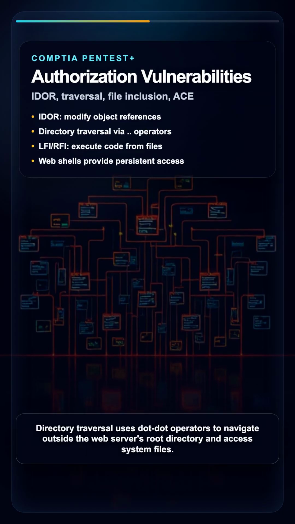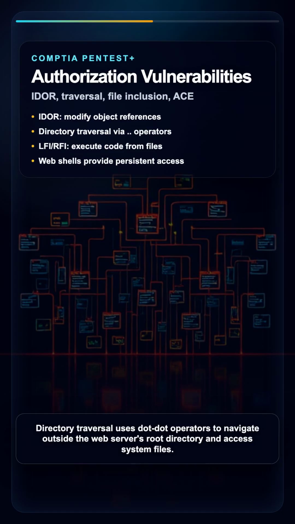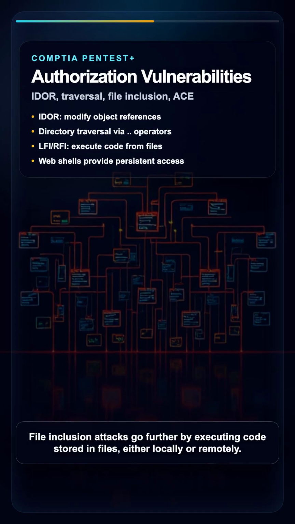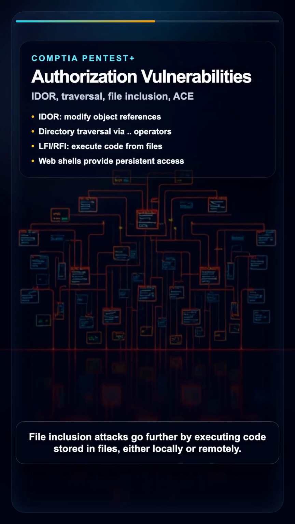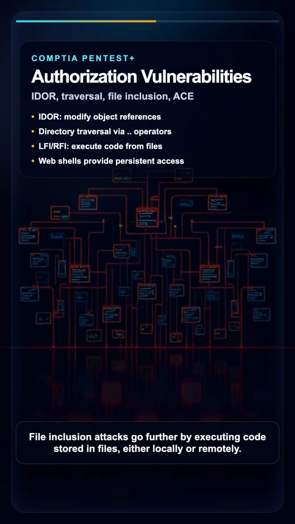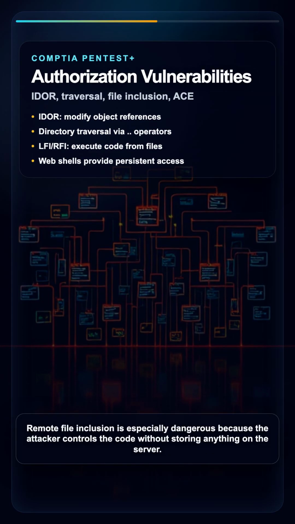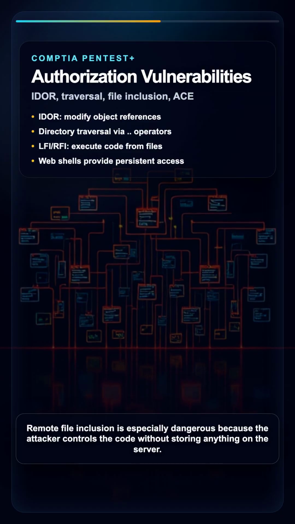Directory traversal uses dot-dot operators to navigate outside the web server's root directory and access system files. File inclusion attacks go further by executing code stored in files, either locally or remotely. Remote file inclusion is especially dangerous because the attacker controls the code without storing anything on the server.